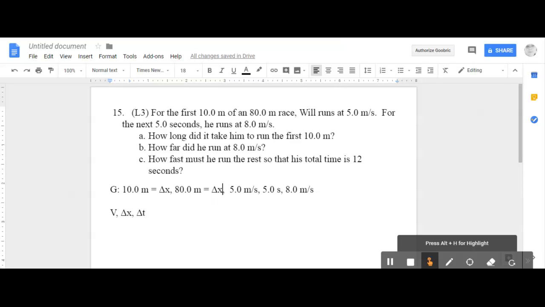We have 5.0 meters per second, and that should not be a capital V, that should be a lowercase v. Sorry, I think I just said that's a time. 5.0 meters per second is a velocity, so I'm going to label that as a velocity. 5.0 seconds, this one is a time, so I'm going to set it equal to a delta t.